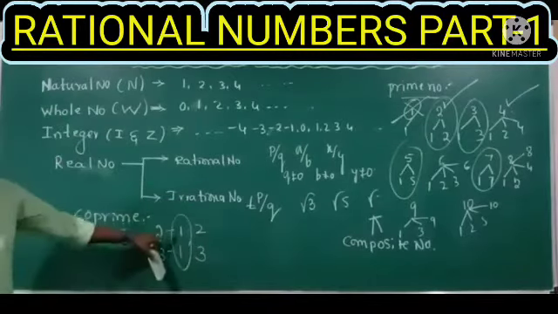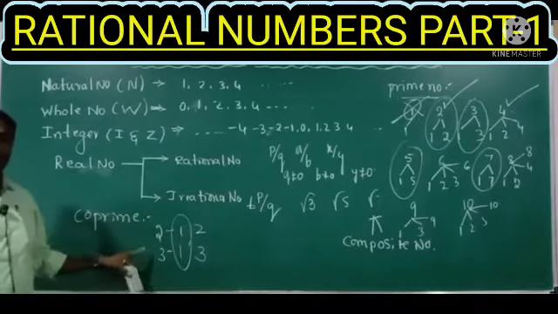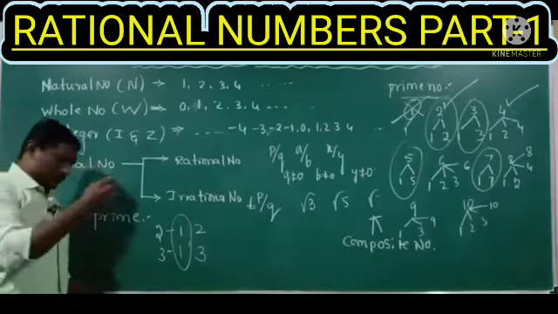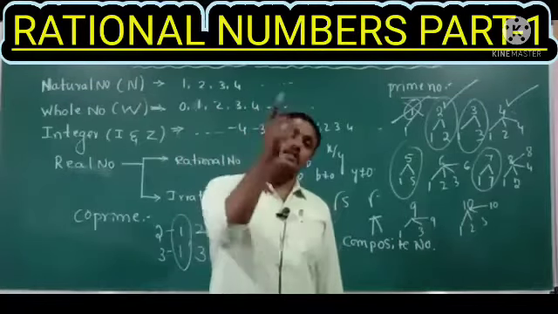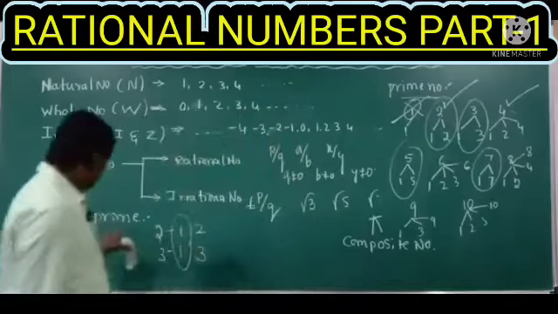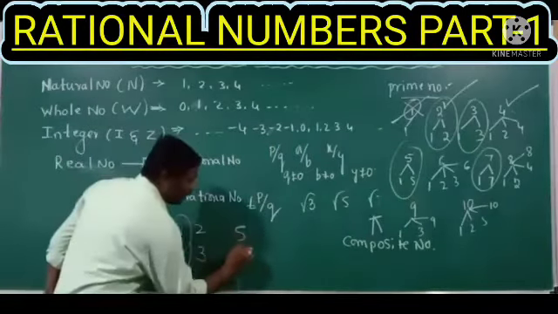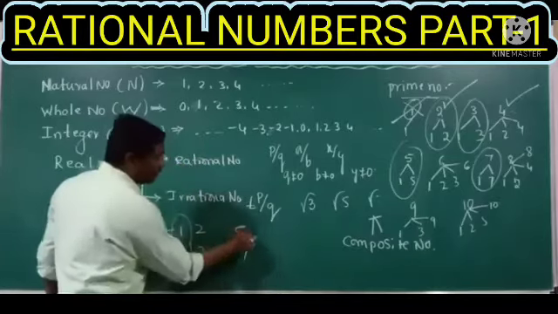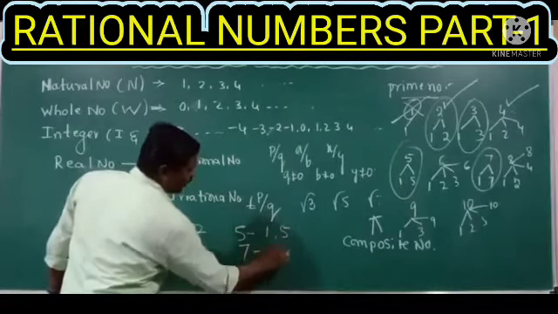Here 1 is the common factor of these two numbers. Or co-prime means the HCF of the two numbers is equal to 1, then those two numbers are called co-prime numbers. 5 and 7: the factors are 1 and 5, 1 and 7.